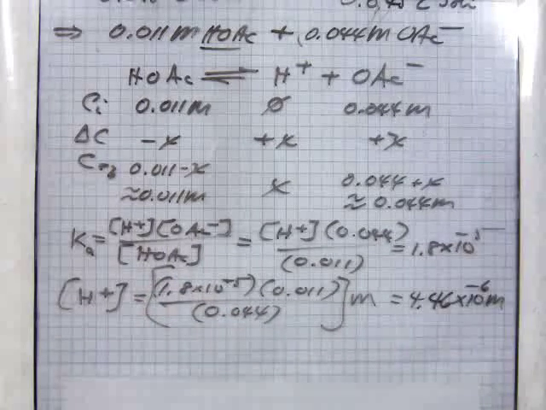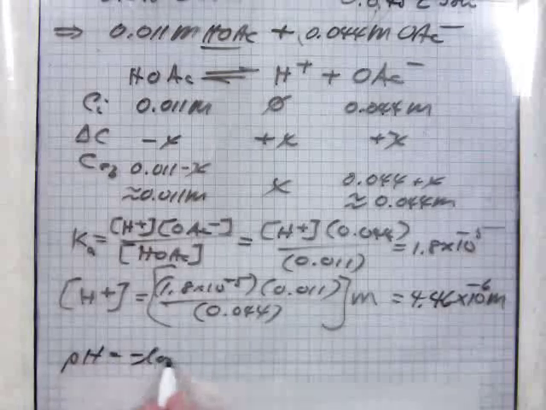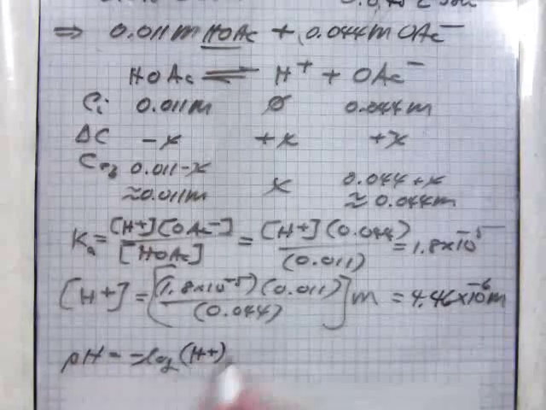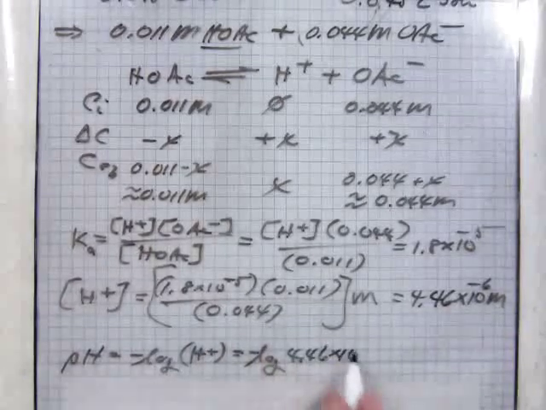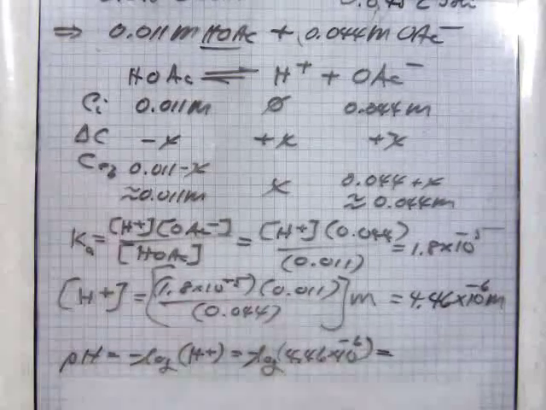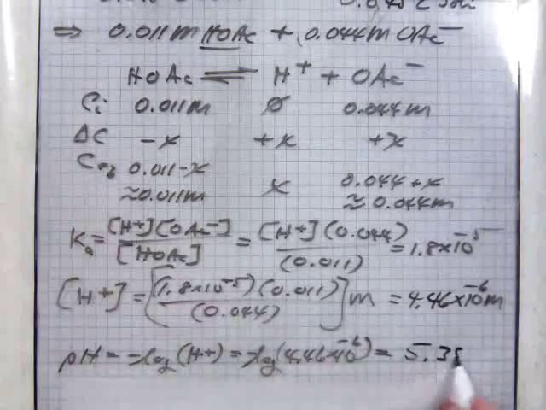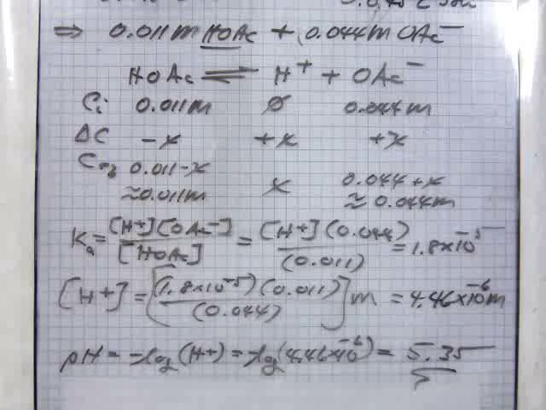Y'all back me up on it. Yes, sir, that's what I got. Okay, so pH is minus log of the hydrogen ion concentration, 4.46 times 10 to the minus 6, which is 5.35. So you move up on the pH tracing of the curve, and after 20 mL, you've moved from 2.89 up to 5.35.